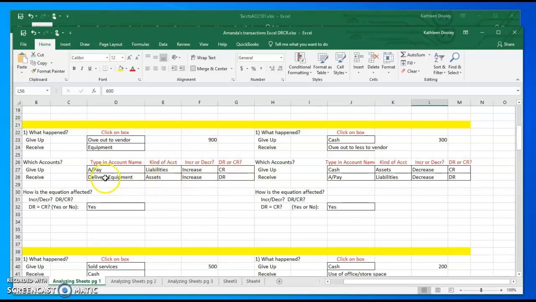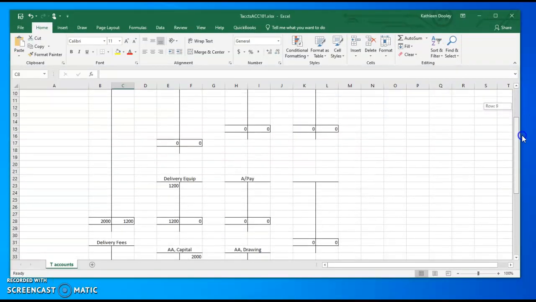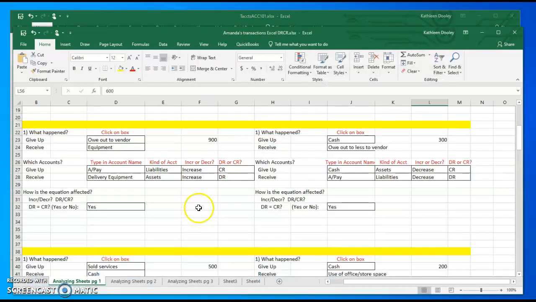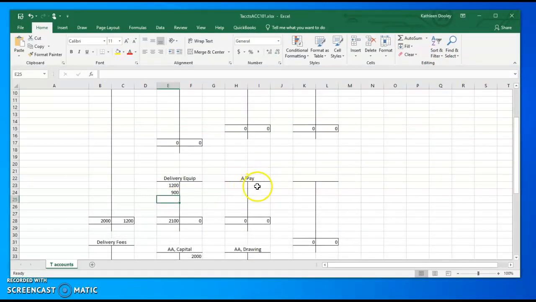I'll start with the debit of delivery equipment. Debit means left side. I'm going to put $900 on the left side of delivery equipment. And I have a credit to accounts payable. Credit means right side. So I find accounts payable, and on the right side, I'm going to put the $900.